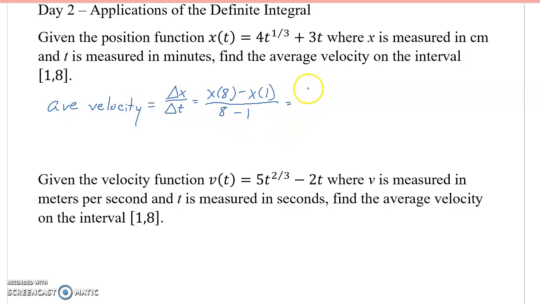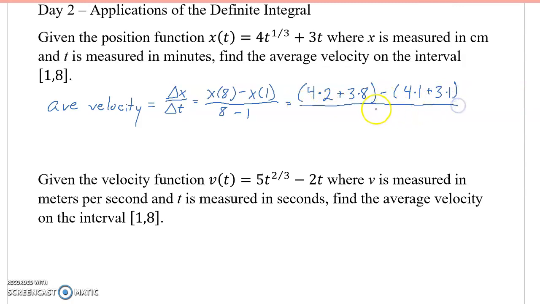So we have 4 times 8 to the 1/3, or 2, plus 3 times 8. That's x of 8. And then we've got 4 times 1 to the 1/3, which is 1, plus 3 times 1. That's our position when t equals 1.